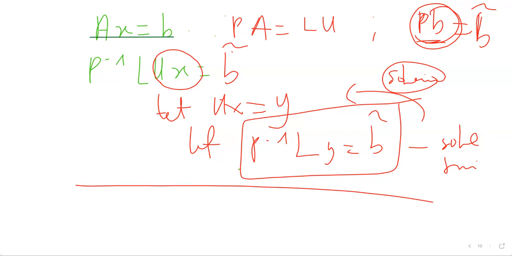A is equal to P minus 1, the inverse of P times L times U. So it is like we just replace the expression of PA in this line.